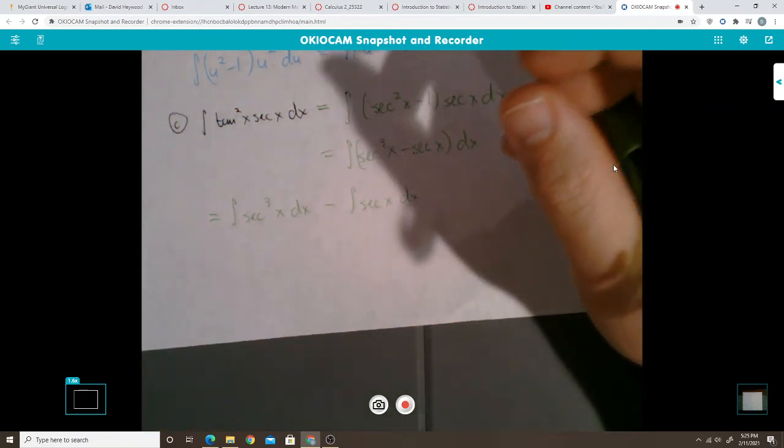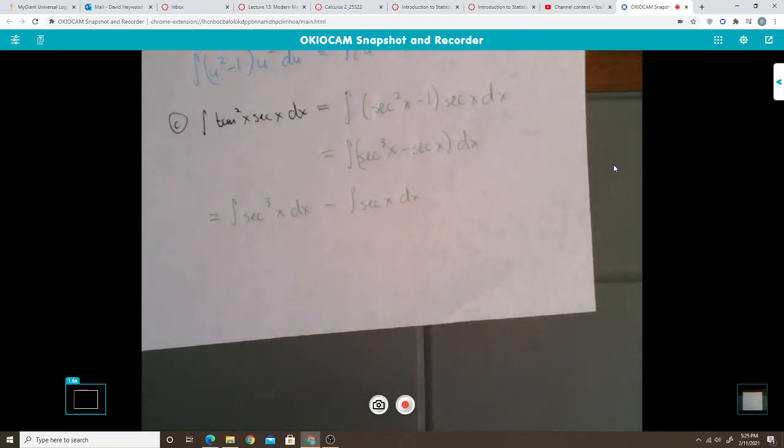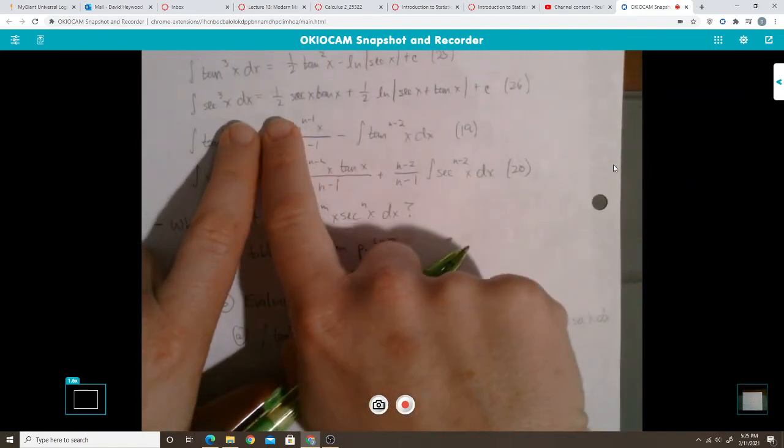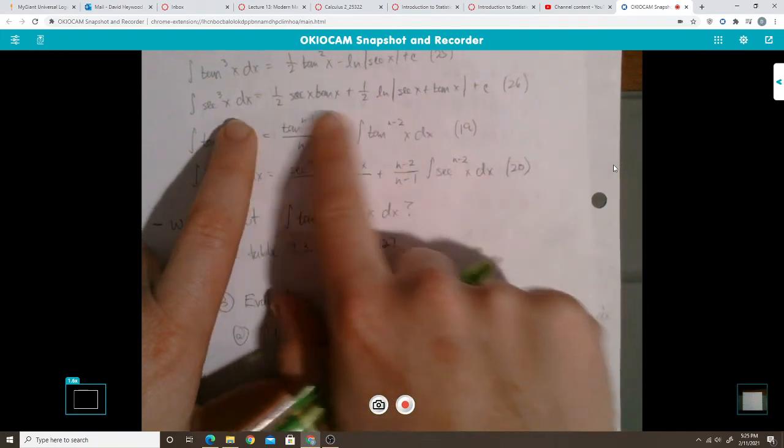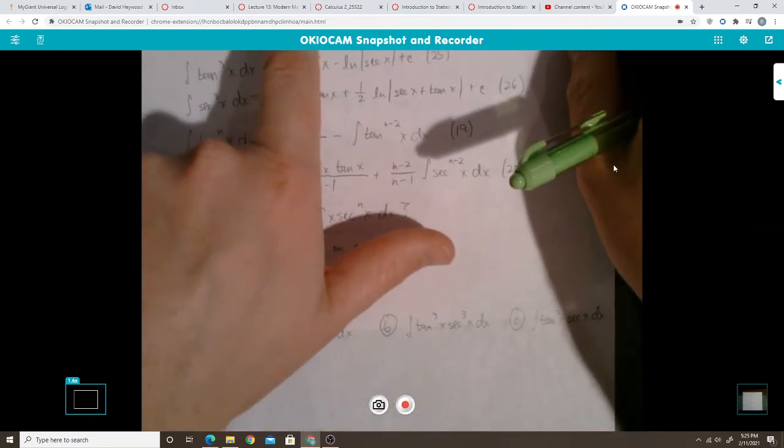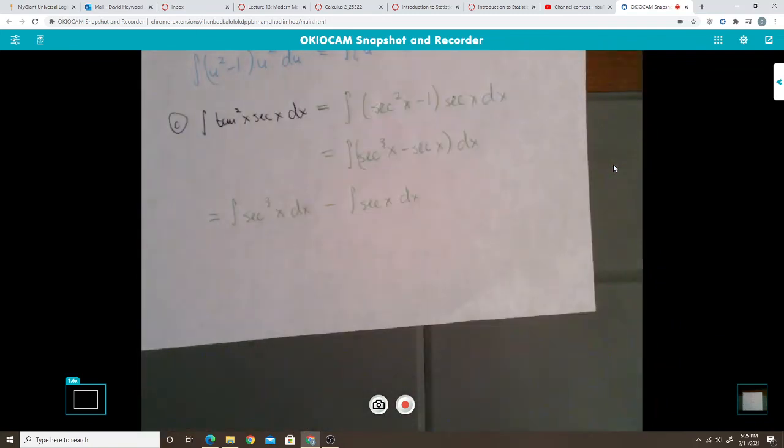Okay. Now, secant cubed was one of those formulas, right? Formula 26 from the textbook. So you can copy that down. And secant x you should have memorized, right? It's natural log of secant x plus tangent x.